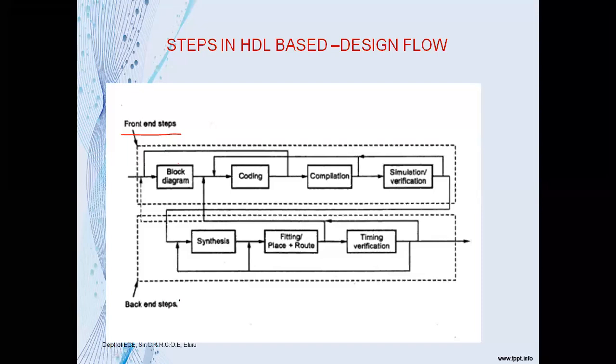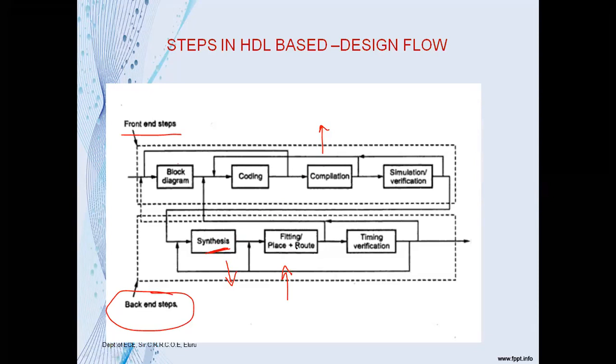And there are the back end steps here. Look at the back end steps. What are the back end steps here? The back end steps come from the gate level circuit. Whatever VHDL code you have verified at the front end will be translated to the gate level using synthesis. Once the gate level circuitry is converted, we will look at the fitting, I mean the placement and routing.